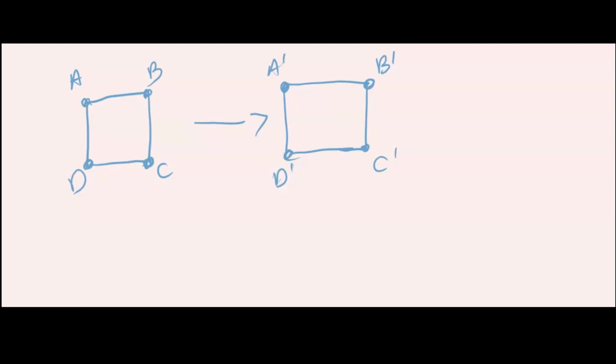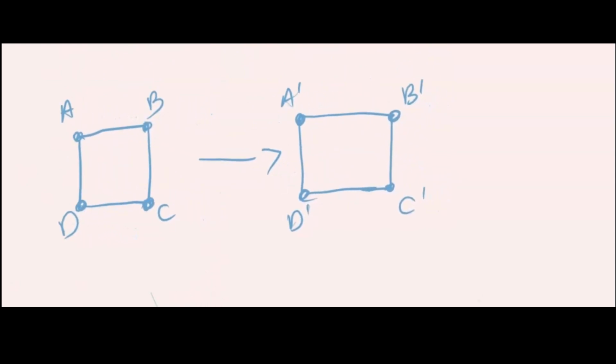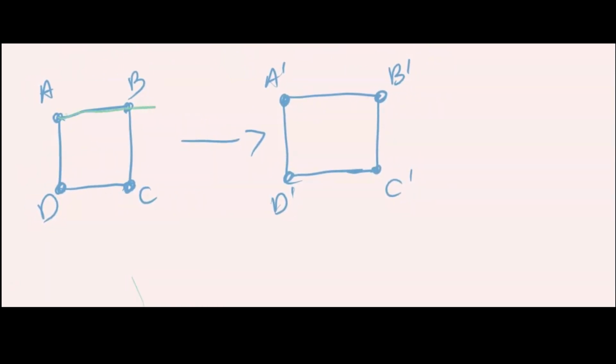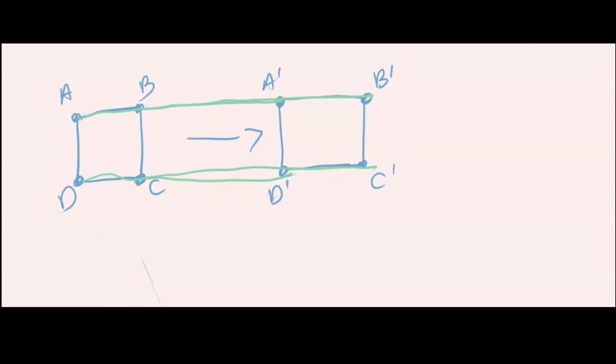A good way to represent this is by connecting the corresponding vertices: A to A prime, B to B prime, D to D prime, and C to C prime. You can see how it all connects. My corresponding lines are kind of off-center, but it's okay, and we will move on.